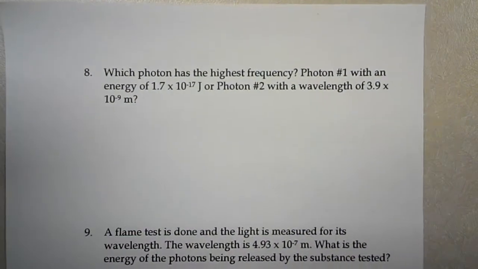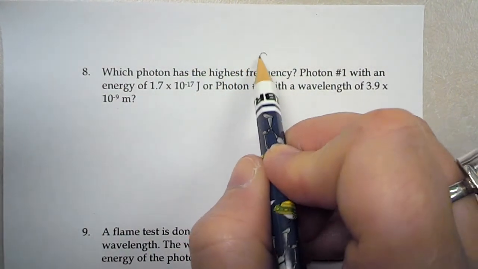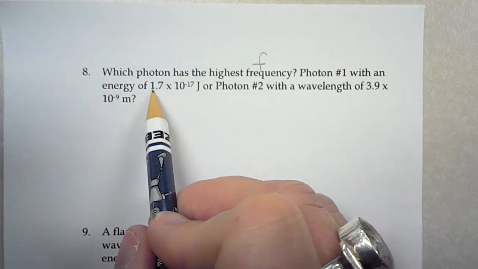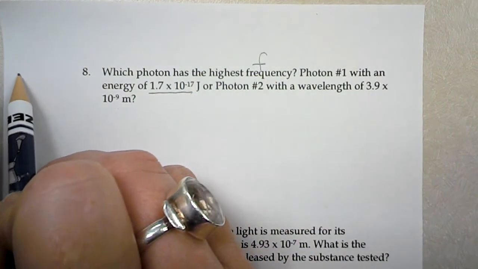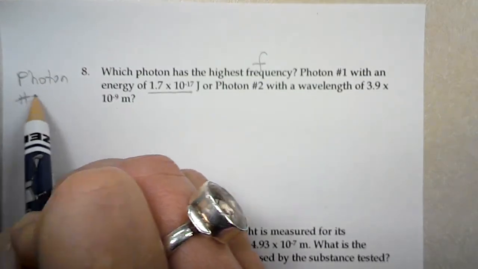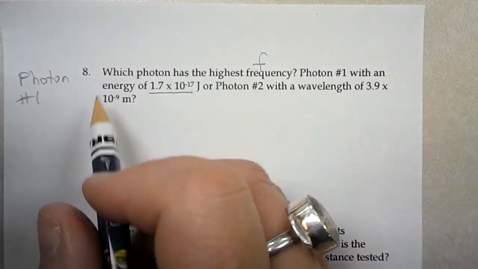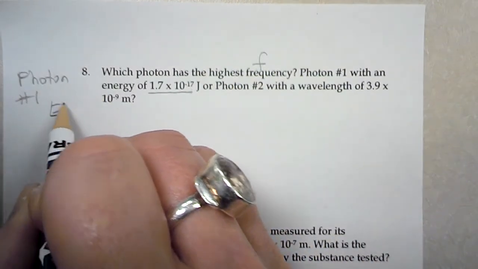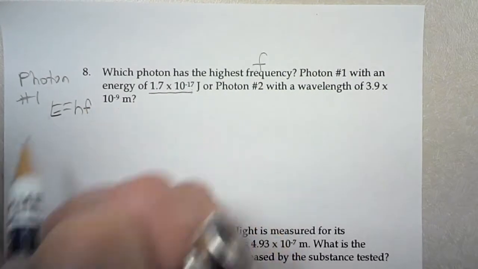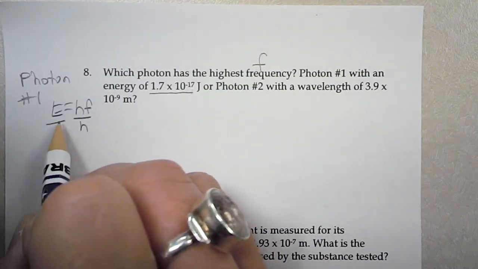Okay, let's look at number 8. Number 8 talks about which one of these photons has the highest frequency. So I'm looking for f. Photon 1 has energy. So for photon 1, I need a formula that has energy and frequency in it. And that would be this one. Energy is equal to hf. And I'll have to rearrange that for frequency. So I've got to divide by h.